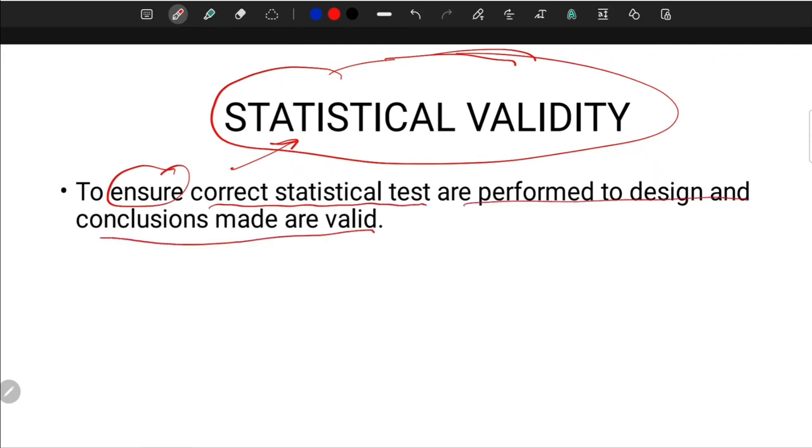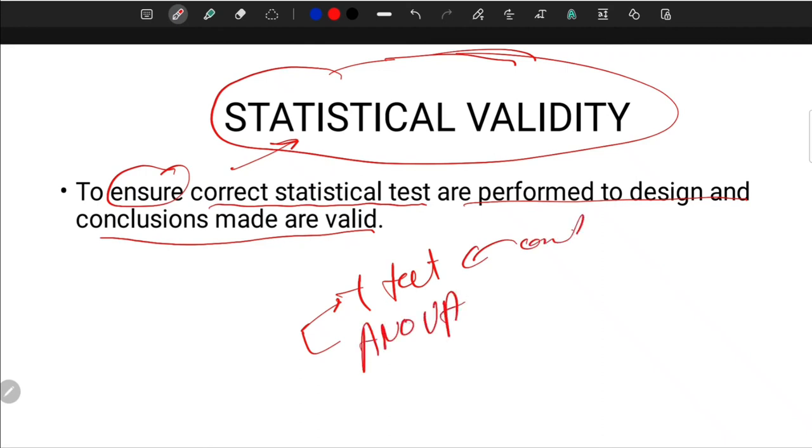There are different tests also, for example, the t test, or between-group tests, which come under the same. For continuous variables, we do the t test, and the ANOVA test for more than 2 groups.